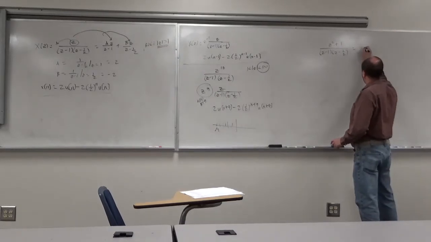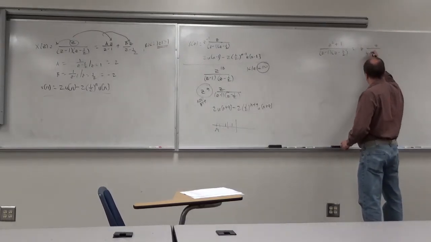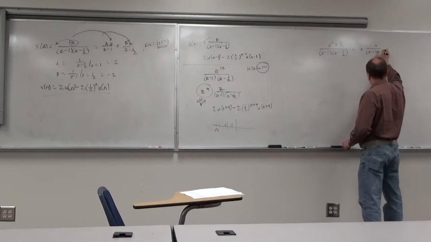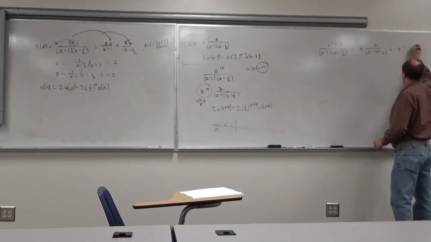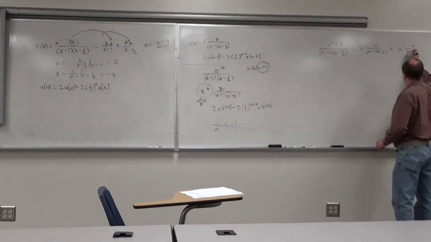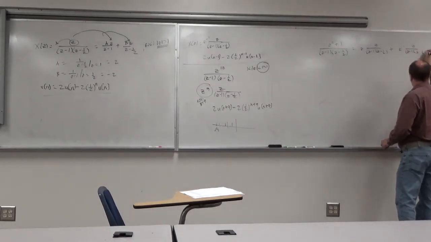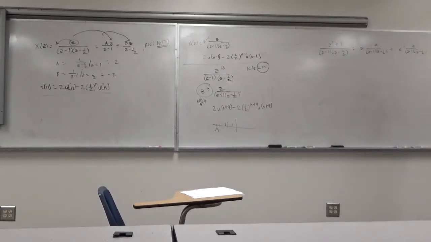I'm going to write this as z over z minus 1, z minus 1/2, plus z to the minus 1, z over z minus 1, and z minus 1/2. Now I've got 2. So I went from one expression to 2 expressions, but I know the answer now, don't I?